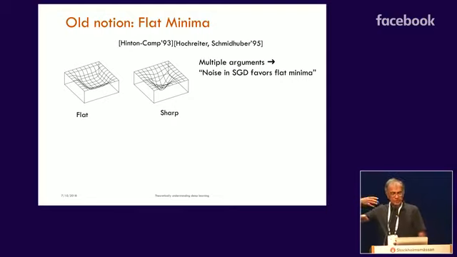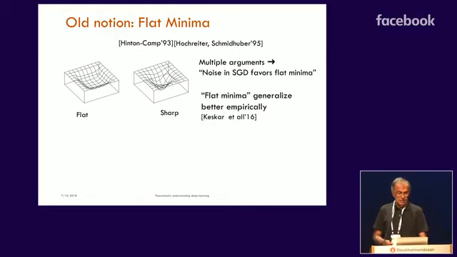So obviously, if there's a lot of noise in this gradient descent, it'll never find this sharp minimum, and it'll settle into some flat minimum. It'll avoid sharp minima. Okay, so there's some empirical evidence, including on recent architectures by Keskar et al., that flat minima do generalize better empirically.